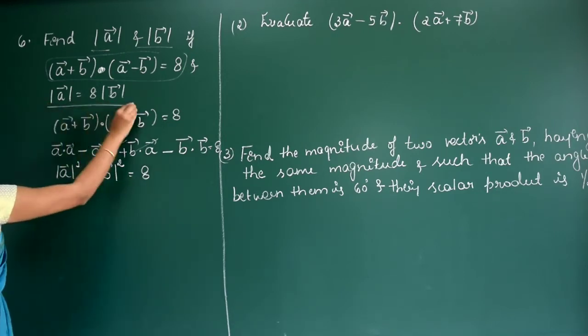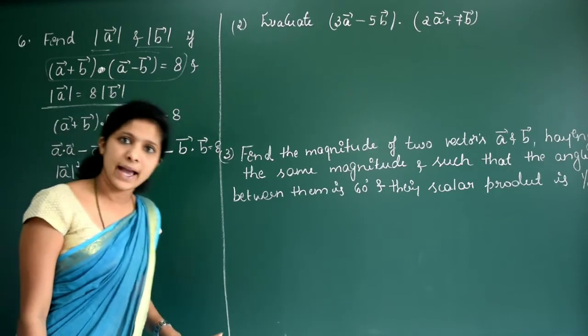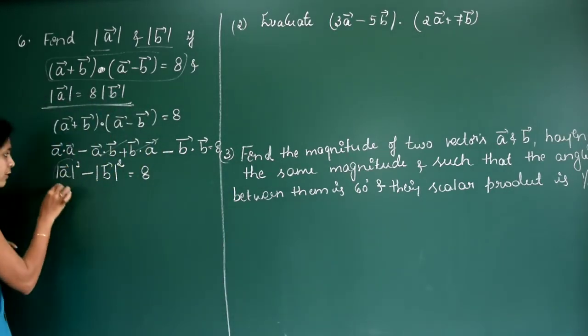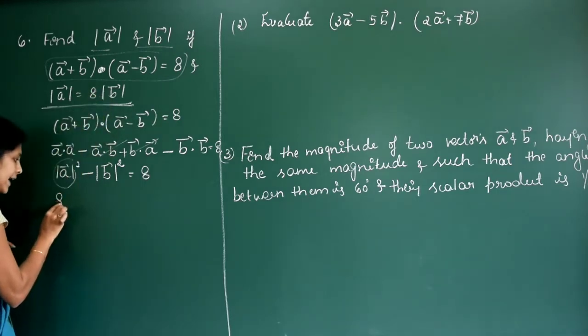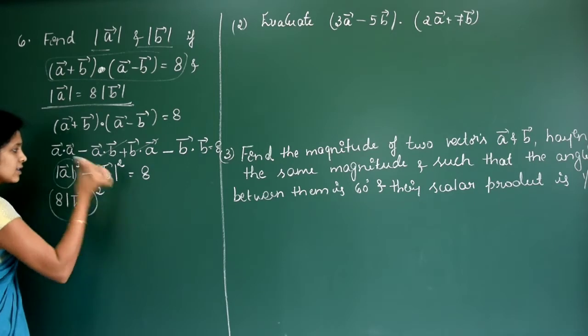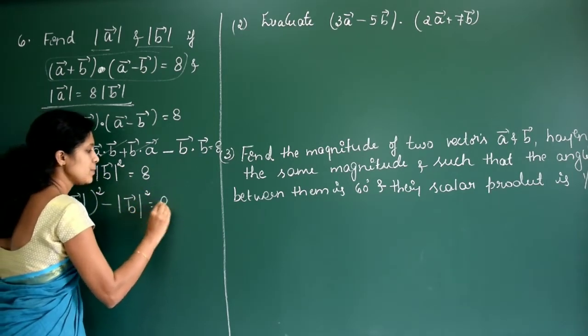One more condition is given: the magnitude of A vector is equal to 8 times the magnitude of B vector. We'll substitute this. So the magnitude of A vector is substituted as 8 times the magnitude of B vector, whole squared, minus the magnitude of B vector squared is equal to 8.